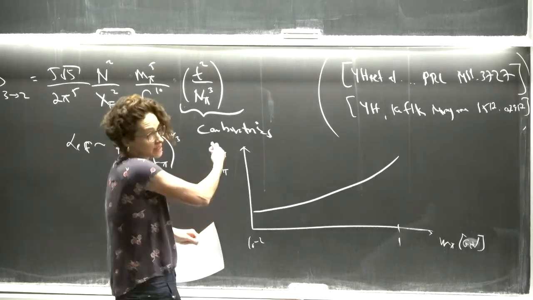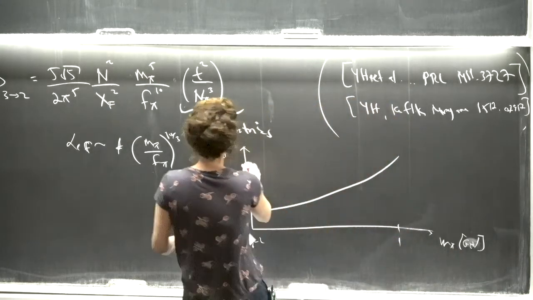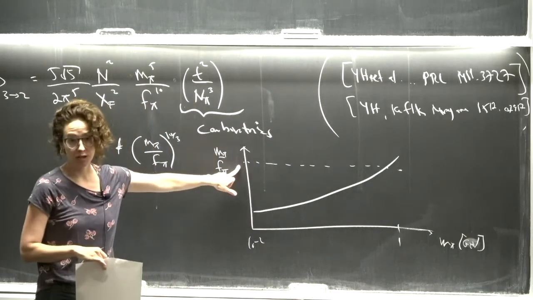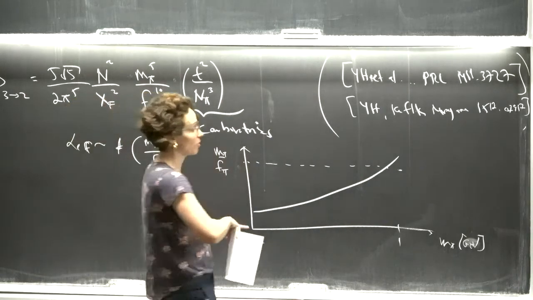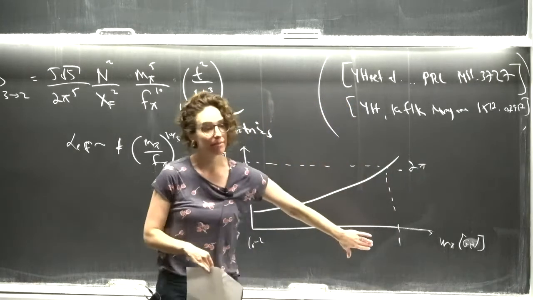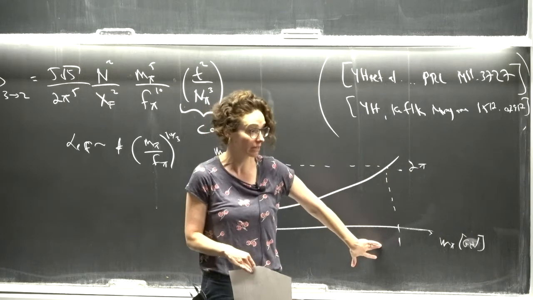And in this theory, of course, you have to worry about when I go non-perturbative. Roughly speaking, that's going to set some limit on how large I can go in terms of m_pi over f_pi, roughly of order 2 pi. So that's going to give me some upper limit on how high I can take the mass of this dark matter candidate such that I know what I'm actually doing.